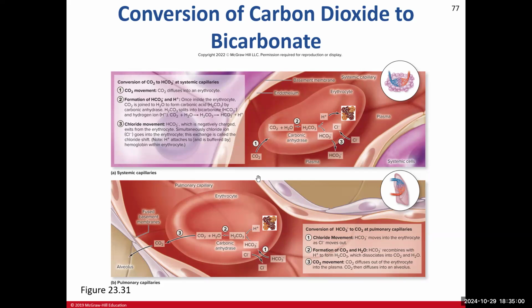Because remember, we want to keep our pH levels normal, 7.35 to 7.45. One of the ways that we can do that is with the help of bicarbonate. Because look, how do we make bicarbonate? It involves the formation of carbonic acid, but look what we'll see.